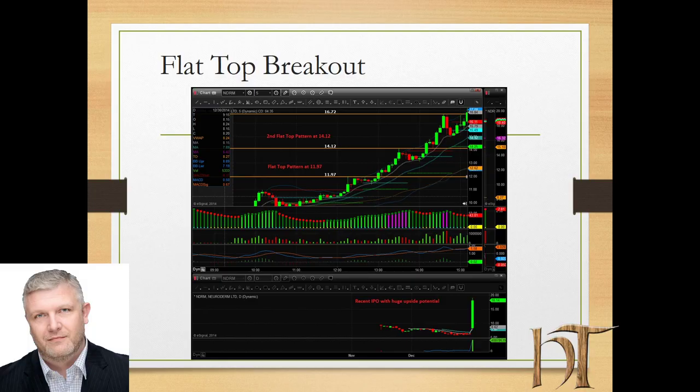In this case again we've got a little bit of a U shape here, so we could choose to either buy the high, which is 14.12, or we take a starter on the pullback with a stop at the lows. So we could have a stop at the low of the pullback here, just over 13-ish.